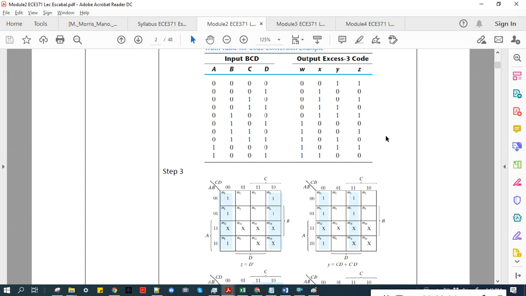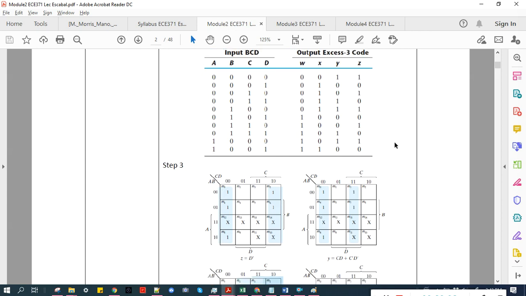For input, we have 4 inputs, therefore we will use the 16-bit Karnaugh map.